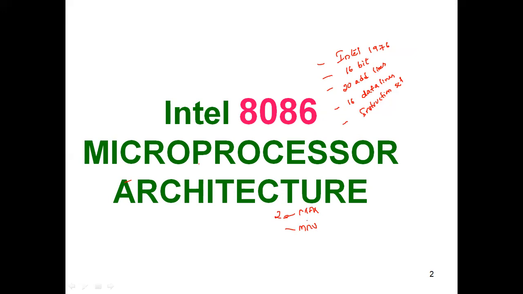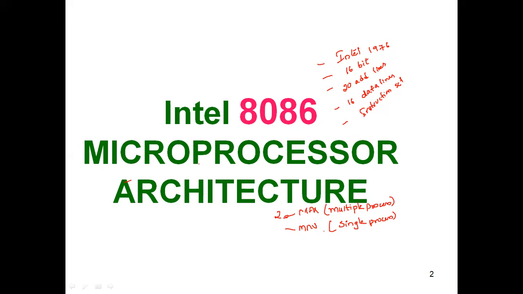Maximum mode is suitable for systems having multiple processors, and minimum mode is suitable for systems having a single processor. So if multiple processors are there, we'll make use of the maximum mode, and if a single processor is there, we'll go for the minimum mode.